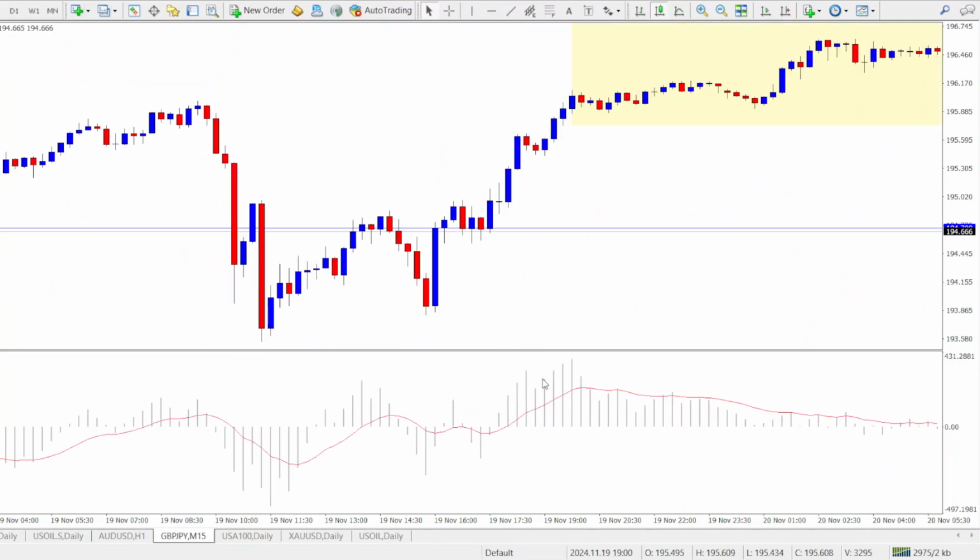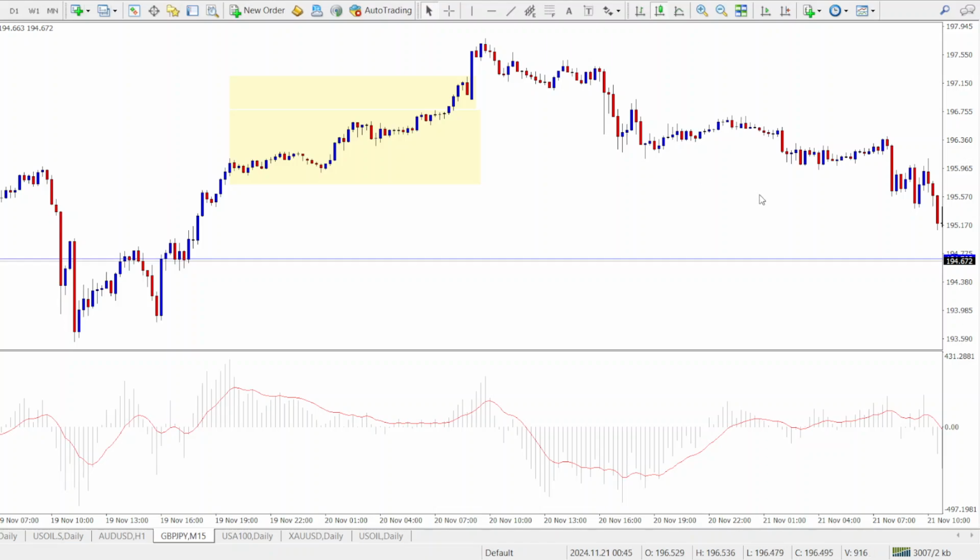So basically, that is how to make use of this indicator. It's quite an easy indicator to use. All right. You can either use this indicator in a trending market or in a ranging market, but I'm going to recommend a trending market. The reason is that in a trending market, you are going to get fewer false signals, because when the crossover happens, you are sure that price will most likely move in that direction.